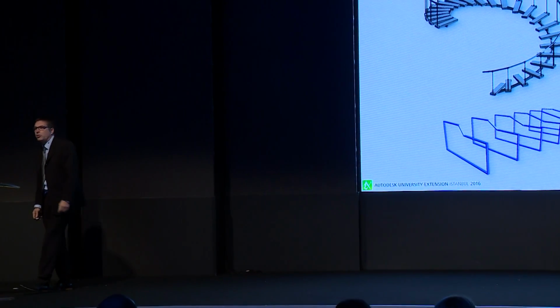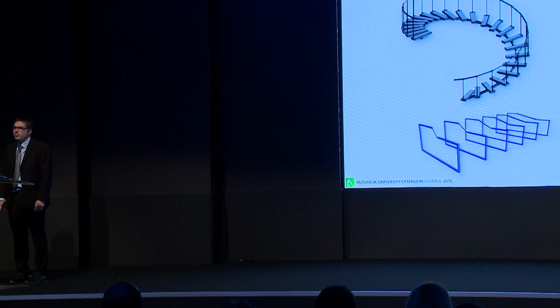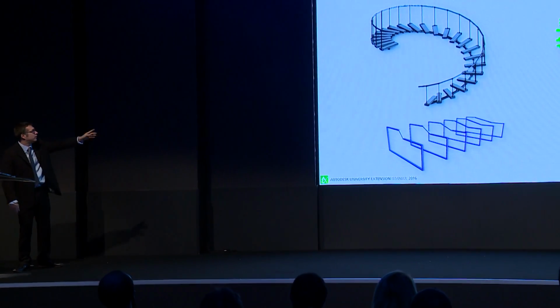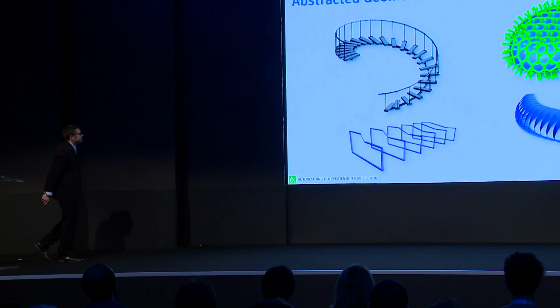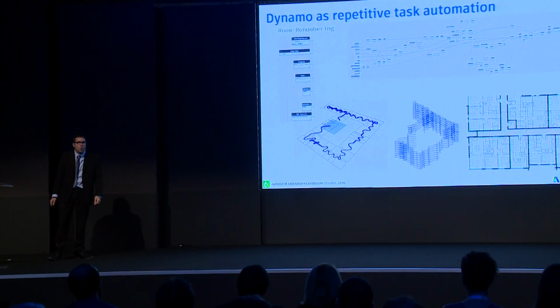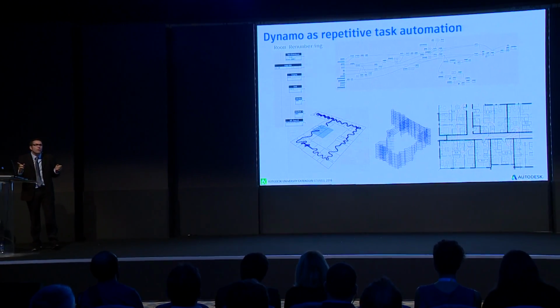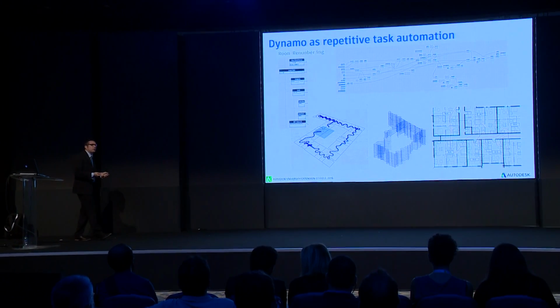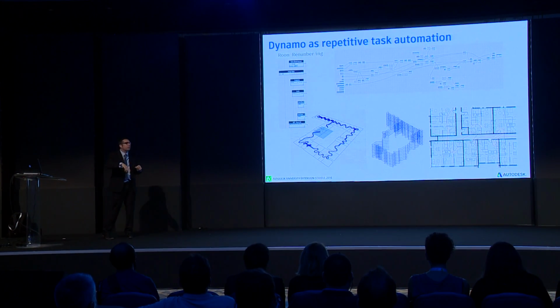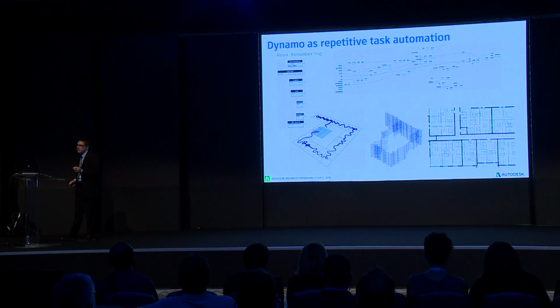First, you can create abstract geometries, like stairs, like strange shapes. In Revit you can do a lot of stuff, but sometimes it's boring to copy and paste, or create repetitive things. You can make repetitive tasks in Dynamo very easily.